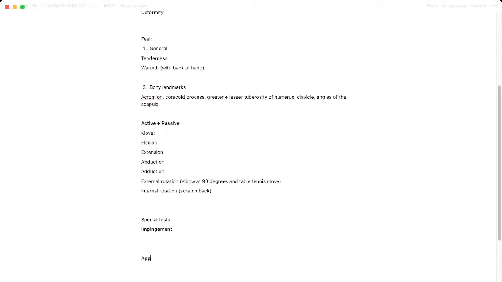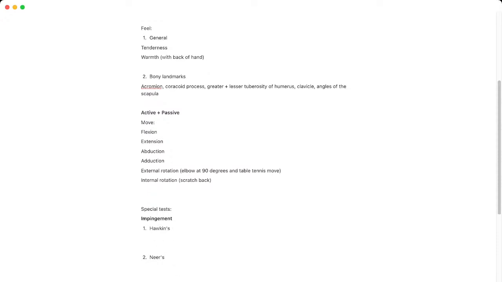Apprehension. Biceps. Yeah. Biceps are called impingement. We have Hawkins, Neer's, and this arc thing, right? Now what the heck's Hawkins?